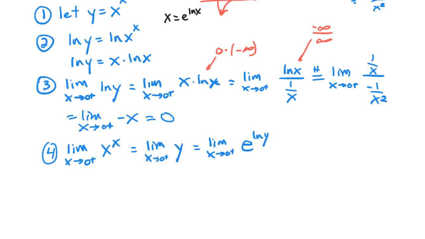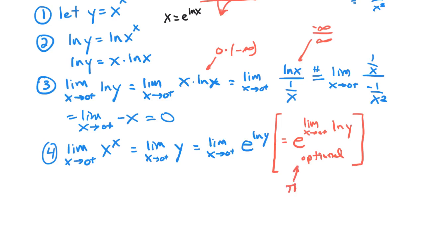All of this in red is optional, but this is equal to e to the limit as x approaches 0 from the right of the natural log of y. You don't have to put this step. I'm putting it in here so you know why this works. And the reason this works is from Theorem 8, on page 120.